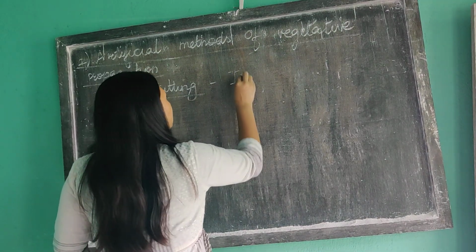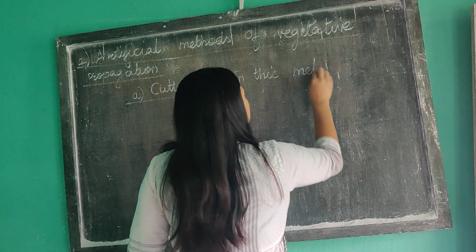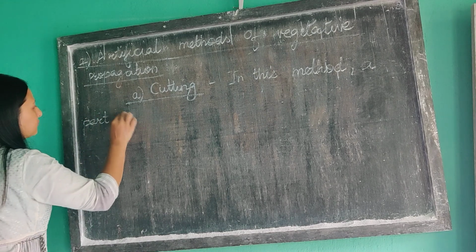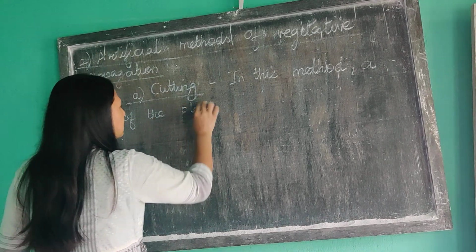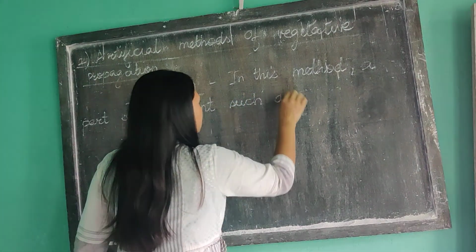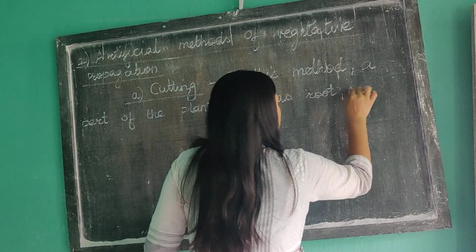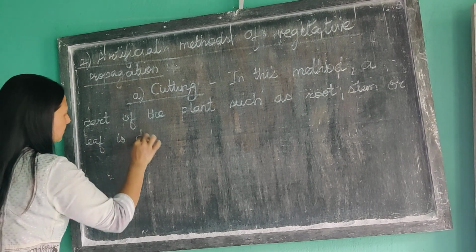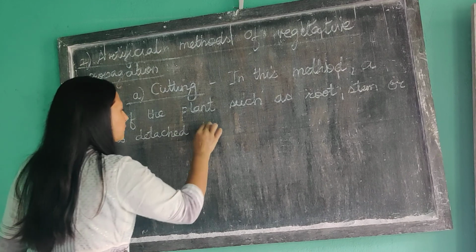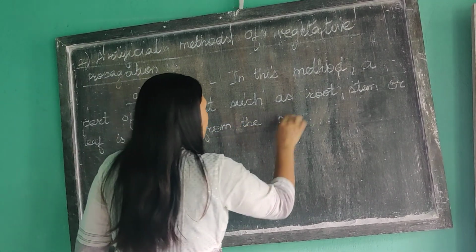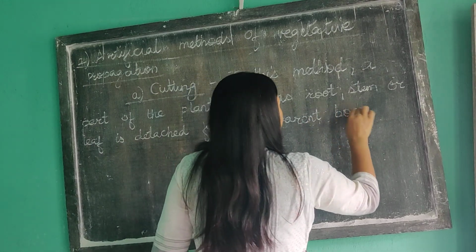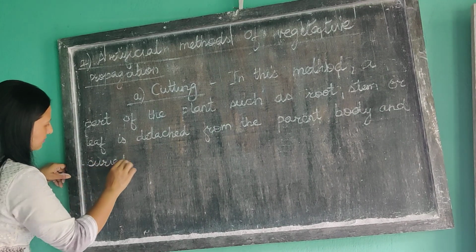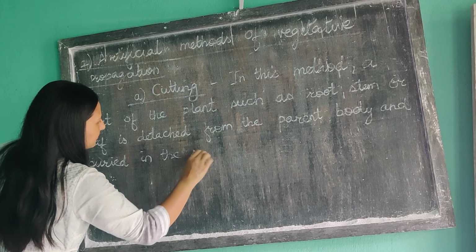Okay, so in this method a part of the plant such as root, stem or leaf is detached from the parent body and buried in the soil.